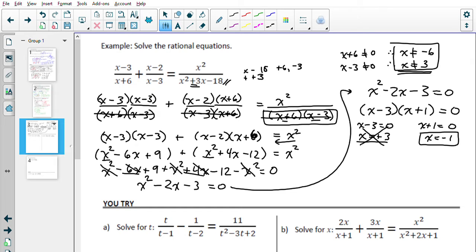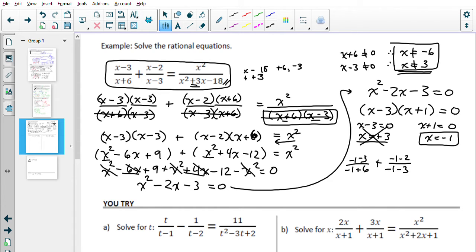So you would go back to the original equation way up here and think about plugging negative 1 into that. So you'd have negative 1 minus 3 over negative 1 plus 6. That's my first bracket. Plus negative 1 minus 2 over negative 1 minus 3.